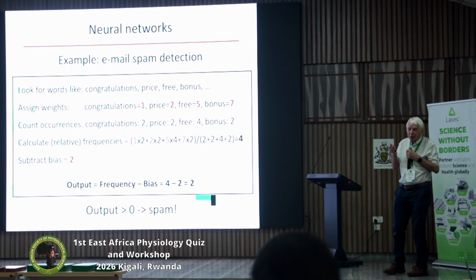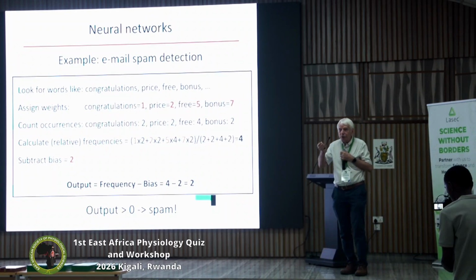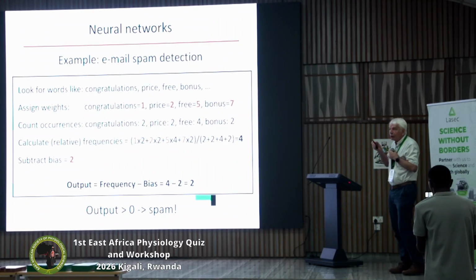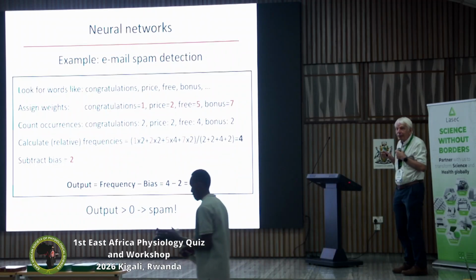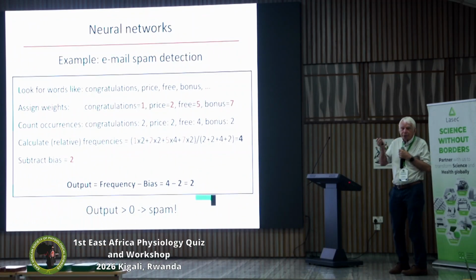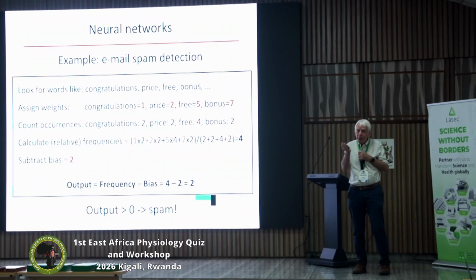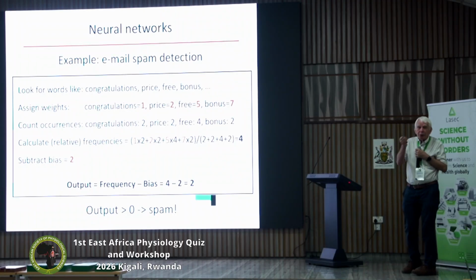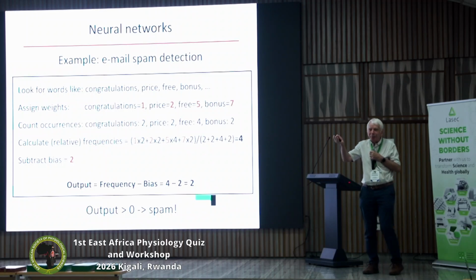Well, the chance that you have an email telling you that you have gained a certain prize or whatever is not very large. So it has a higher weight. Something free. Nothing is free in life. So when you have an email which has free in it, it's debatable. Also a bonus. Which of you students have ever received a bonus at the end of the month?